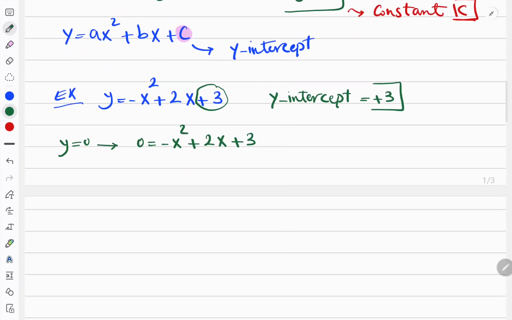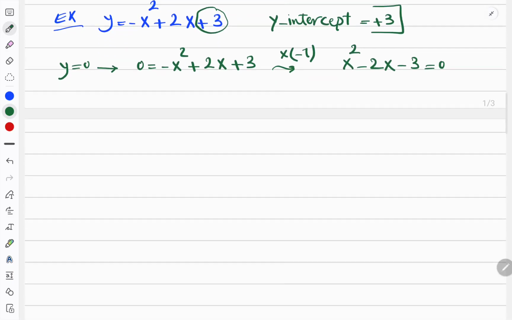I'm going to use factorization. So let me multiply both sides of the equation by negative 1. So x squared minus 2x minus 3 is 0.